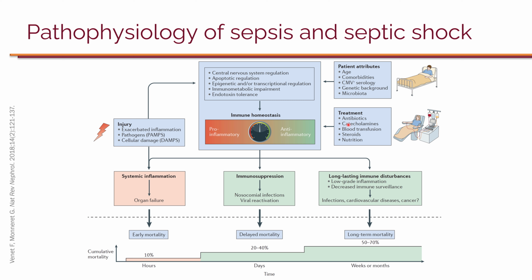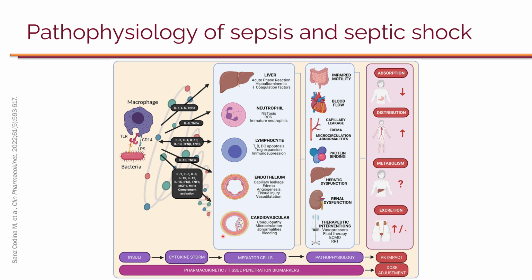Did they receive other interventions? These all affect essentially how these outcomes unfold in different patients. And when you consider all of this, in this picture we're looking at the end result in the human body. And this is important because as pharmacists, we need to adjust medications in this patient.